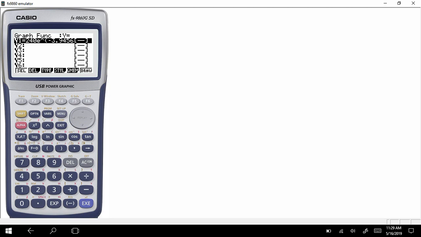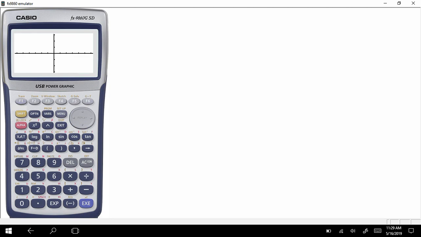You still have to select it, and you have to set up your window with a graph. So V window. We know we're talking about how many days this guy's on a diet. Sometimes diets last a long time, so it could be 0 through like 180 days, a big amount of days just to make sure you've got it.